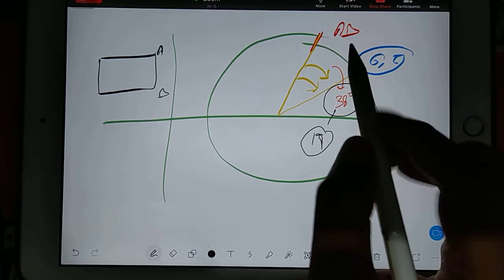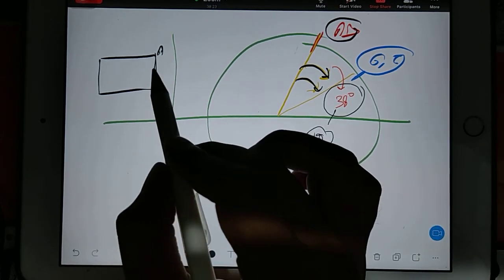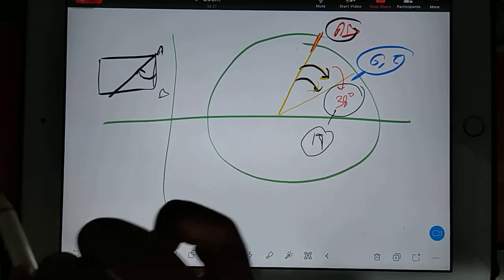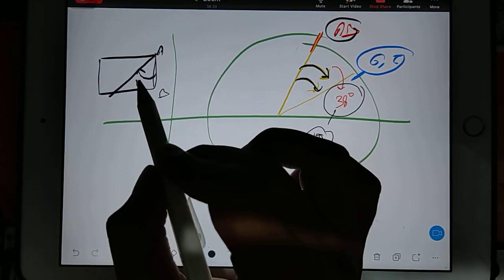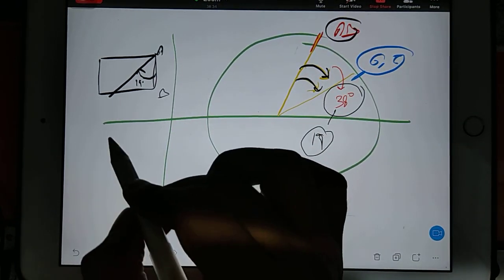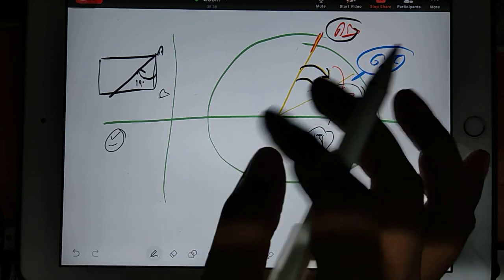But what is the direction? From AB go clockwise, just 19 degrees, and you will get the plane. So this is how we have to solve. I hope you have understood Mohr circle a little bit, and whatever doubt you have, first ask your doubt.